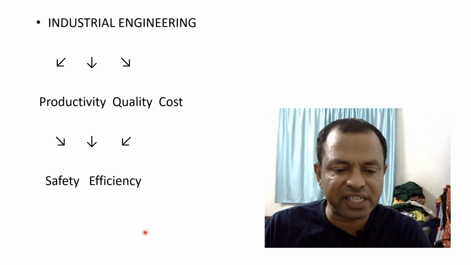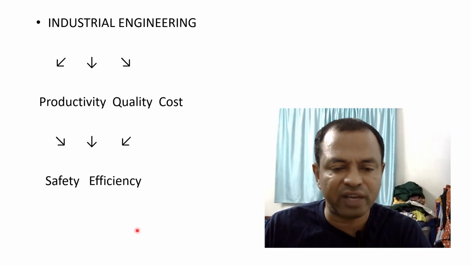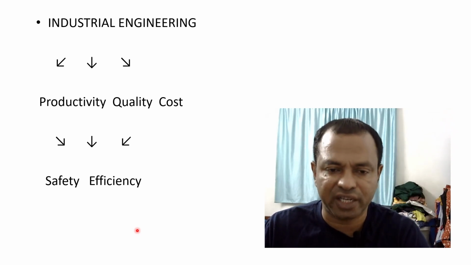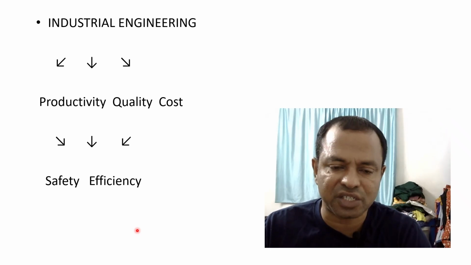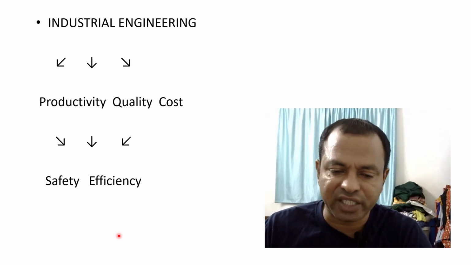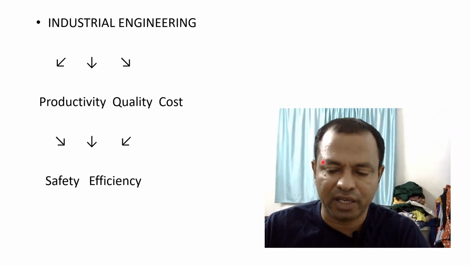So improving the efficiency is the main goal of industrial engineering as well as the industrial engineer. The person who is in charge of the industrial engineering function in a company or in a firm is known as industrial engineer. In every big company, we can see an industrial engineer. Maybe one or two industrial engineers are there.